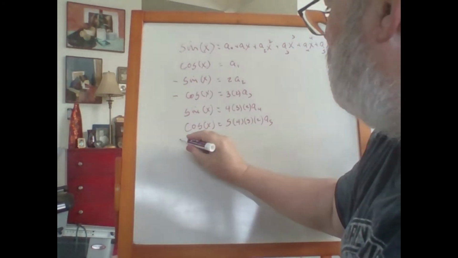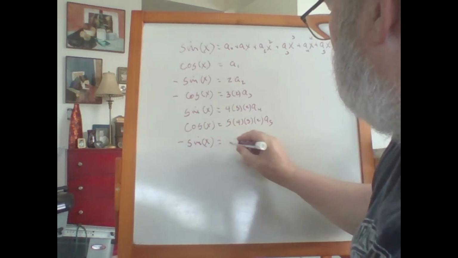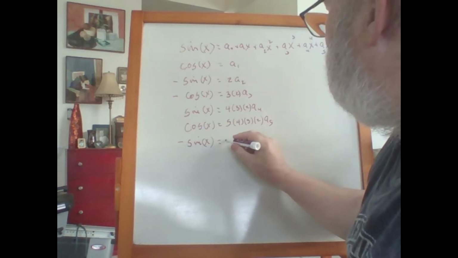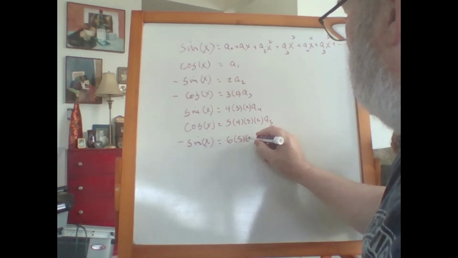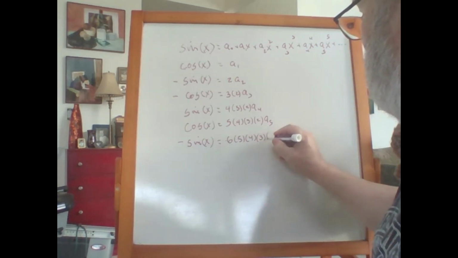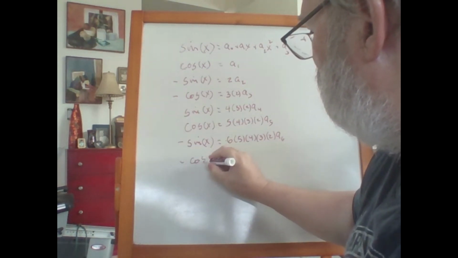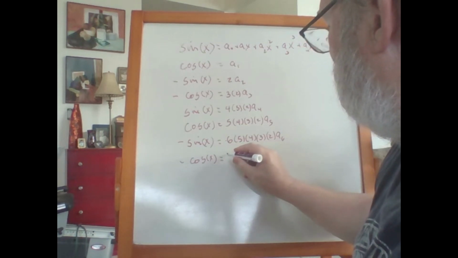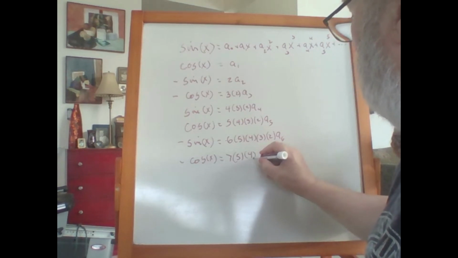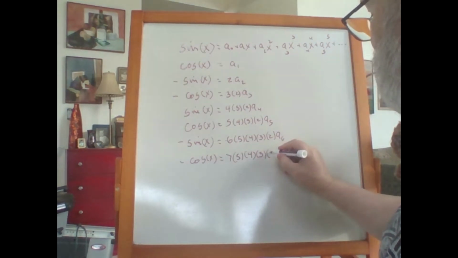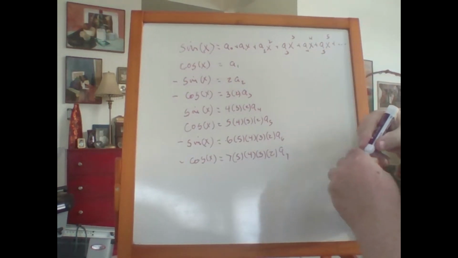And this is going to be minus sine of x equals 6 times 5 times 4 times 3 times 2a6, and minus cos of x equals 7 times 6 times 5 times 4 times 3 times 2a7, and we can go on forever.